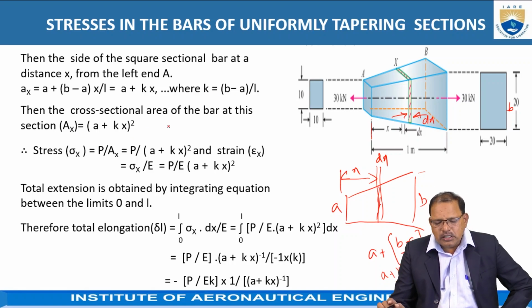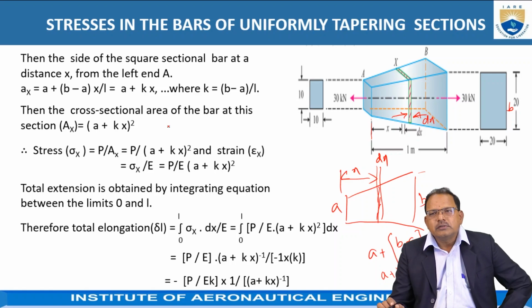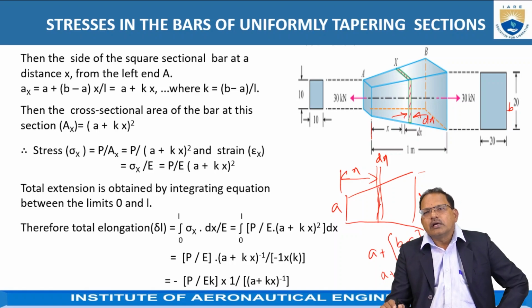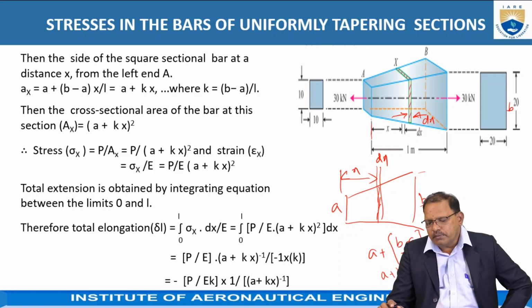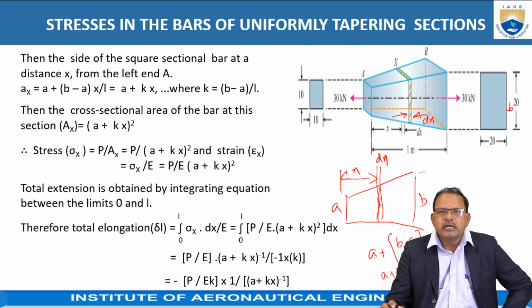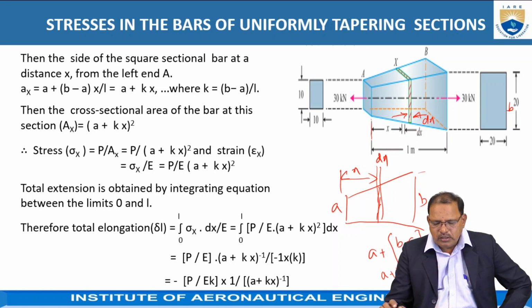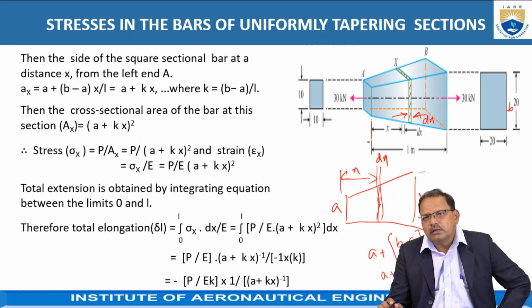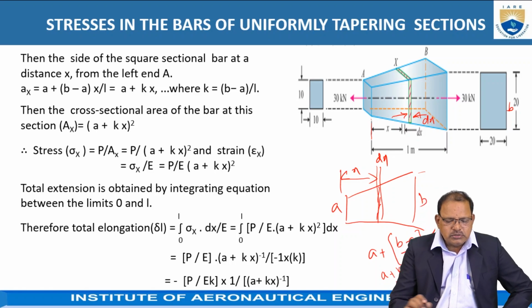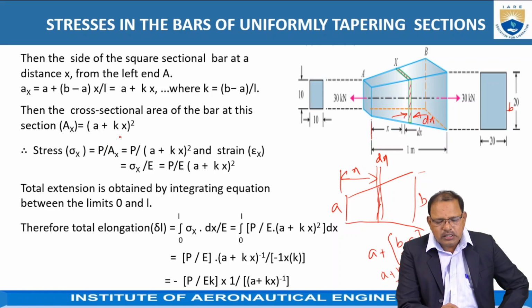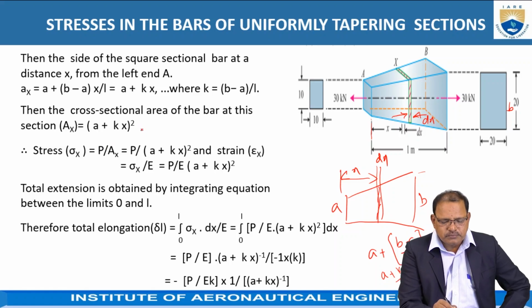Then the cross-sectional area of the bar at this section, here we can consider that A and B are the sides. If you take area also, we have the same problem. Here if I consider A as the side at one end and B as the side at the other end, the area is given by (A plus Kx) whole square.